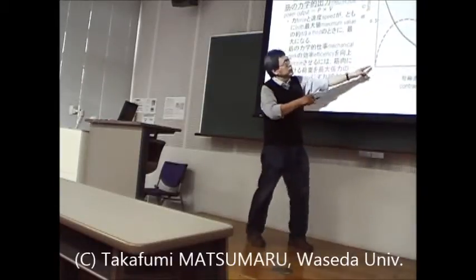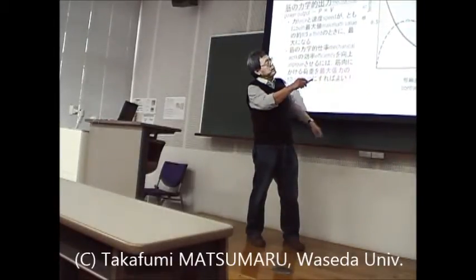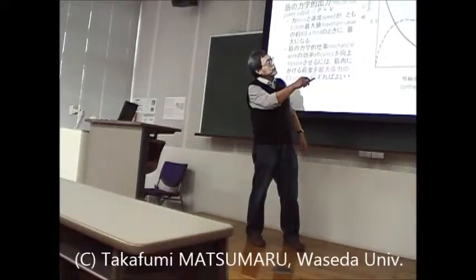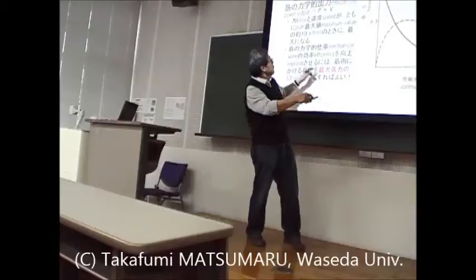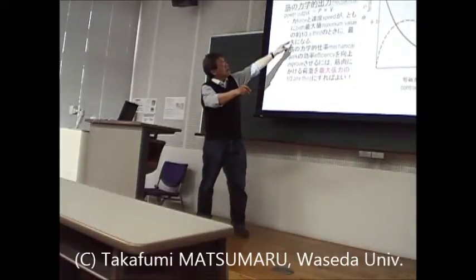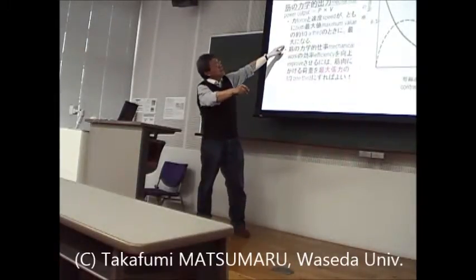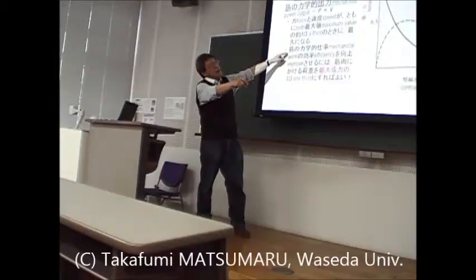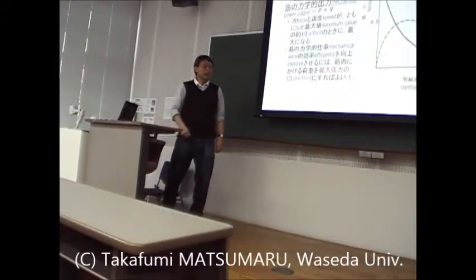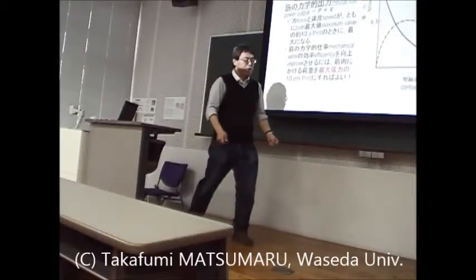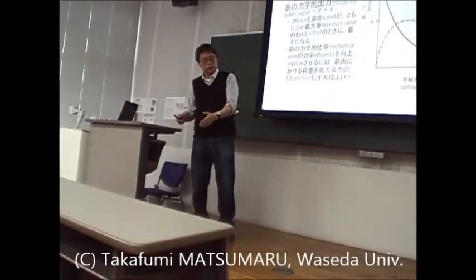It shows that the maximum power is produced around here, at about one third of the maximum value of both the speed and the tension. That is almost the maximum power it can produce.